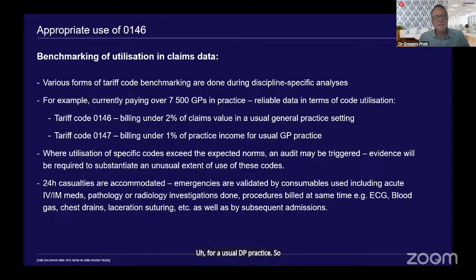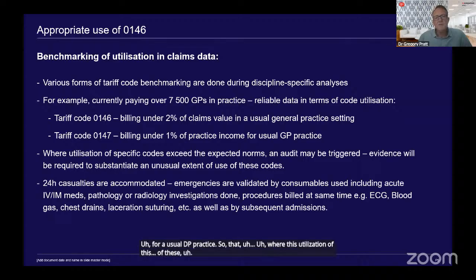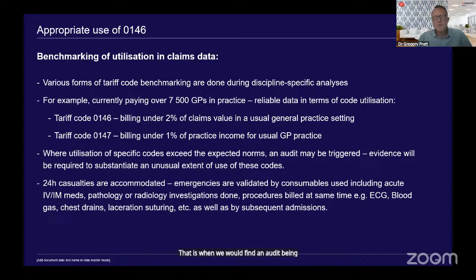So where the utilization of the specific code exceeds these norms, that is when we would find an audit being triggered, and that's when we come potentially to a practice to understand the circumstances and why usage of these emergency codes are different to what would be expected.